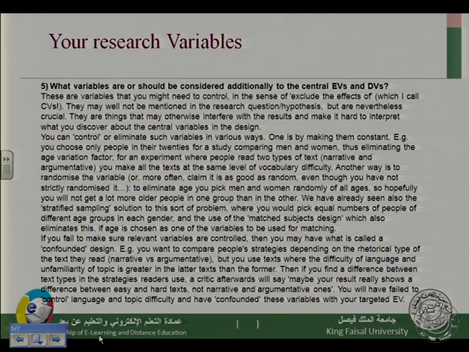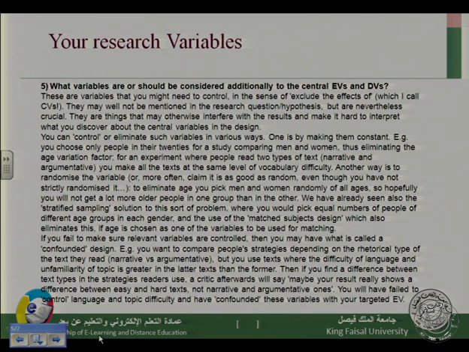So both males and females contributed to the answer to my questions, so there is no gender effect here. Or you would, from the beginning, say, I want to control gender by having only males. I don't want females. By this, you excluded gender from your variables.